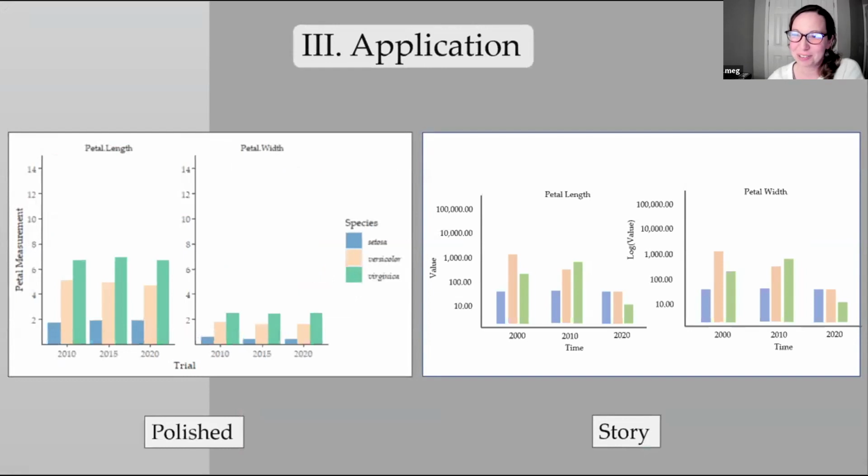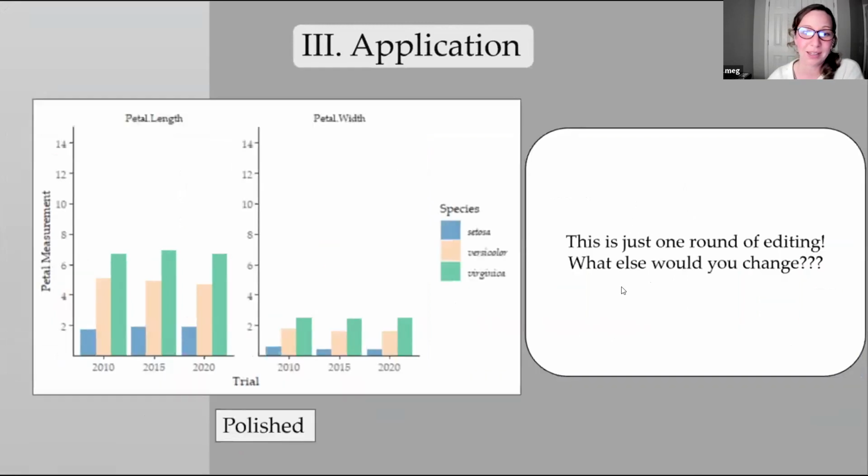I'd say it's kind of close, considering that this I kind of sketched out in PowerPoint, and this we actually coded and specified all the attributes of this using ggplot syntax. But that was just one round of editing. That was my attempt. There's plenty more to be done, and that is where you can go with it from there. What would you do next? What would you improve? What would you make prettier in this plot?